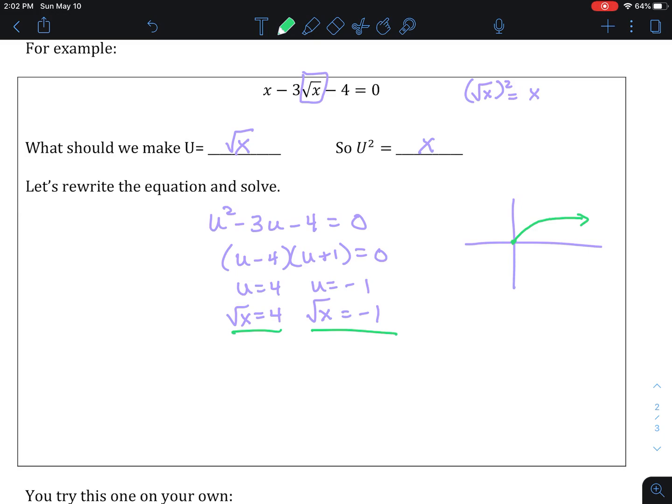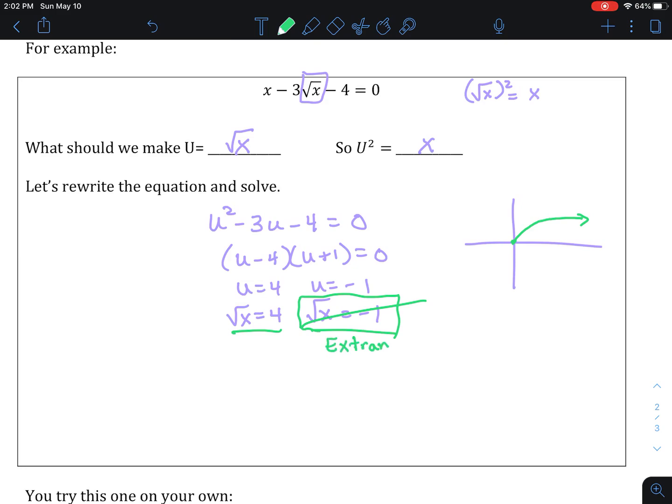But we know that the square root of something can't be negative, right? Because the graph tells us that the output, regardless of what the input is, the output, or the y value, can never be negative. So what ends up happening here is this whole piece of the solution doesn't add any solutions to our equation.